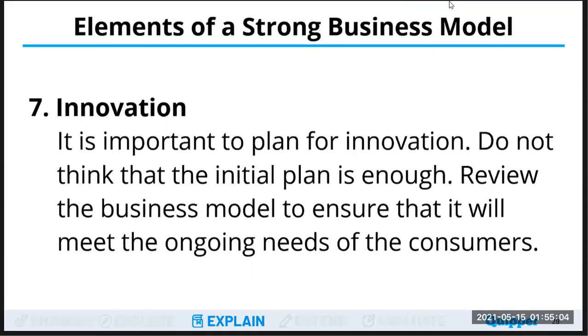Innovation. It is important to plan for innovation. Do not think that the initial plan is enough. Review the business model to ensure that it will meet the ongoing needs of the consumer, especially nowadays na nagiging high-tech na yung mga technologies natin, no?